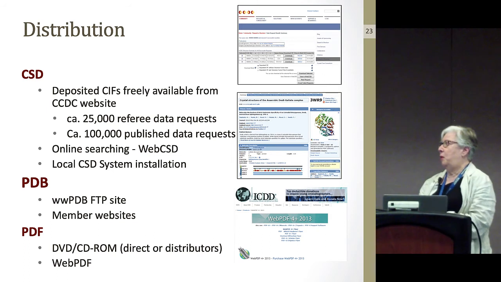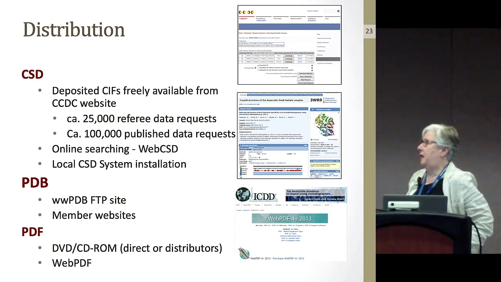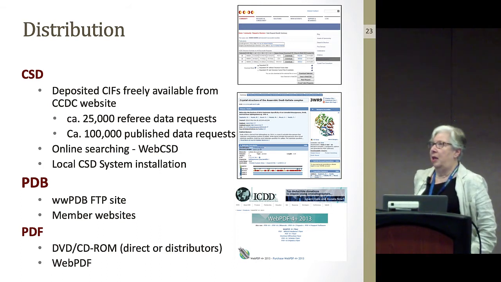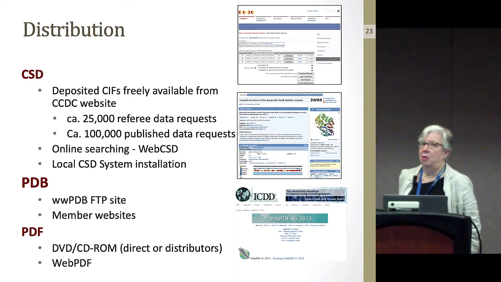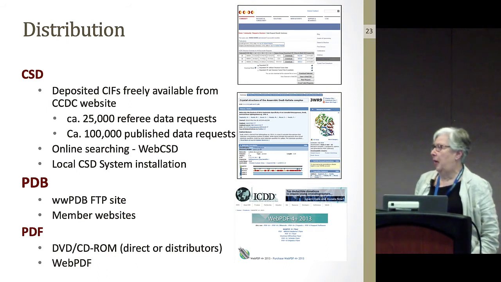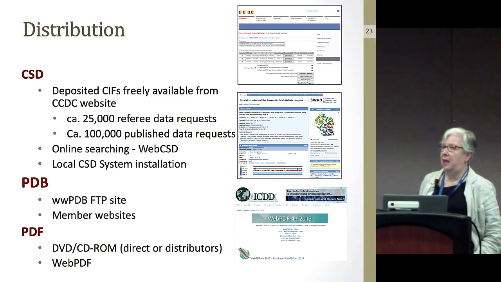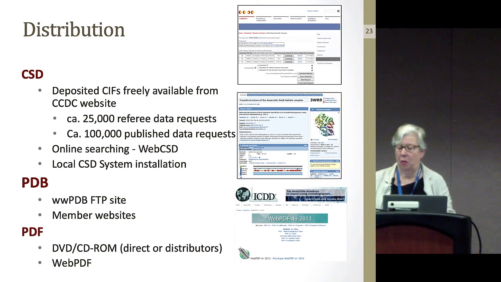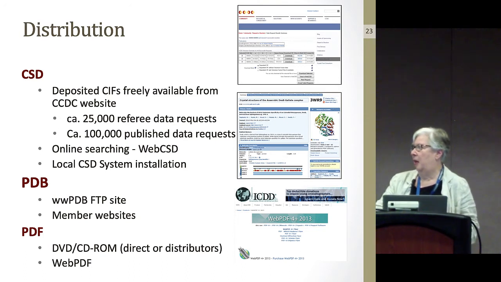In terms of distribution, the CSD does provide CIFs from the CCDC website. There is online searching by WebCSD, and then of course there's the local CSD installations in your lab or in your university. The PDB has a website and FTP site where all the data reside from all the data centers that we have.